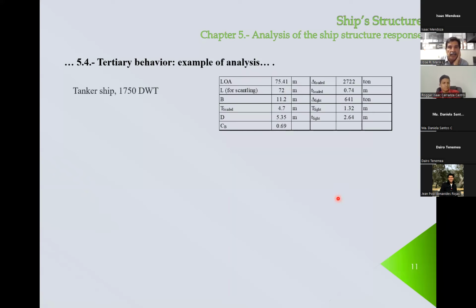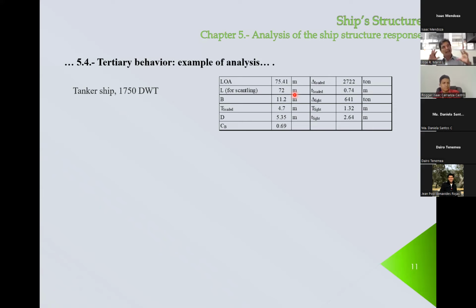These are the main dimensions. 72 meters, this is the length for scantling. Remember that length could be, there are several options. Overall, between perpendiculars, waterline and so on.